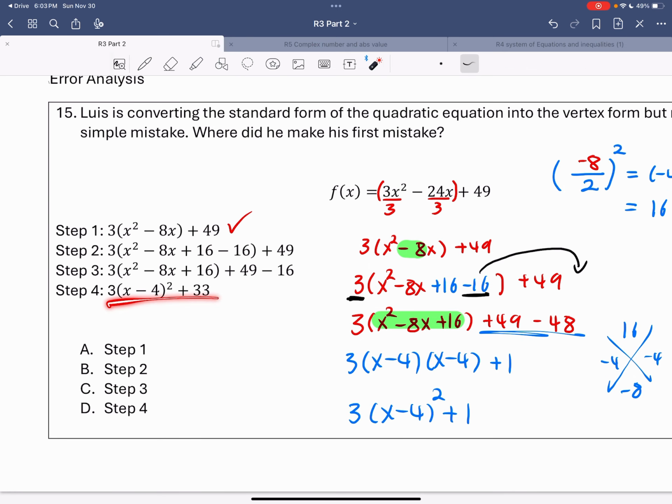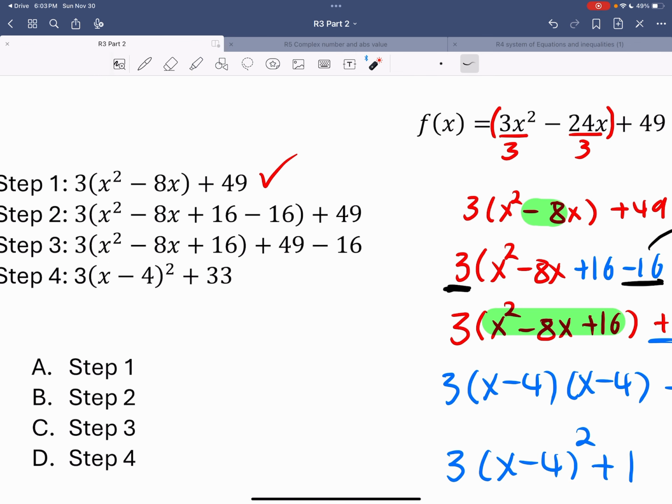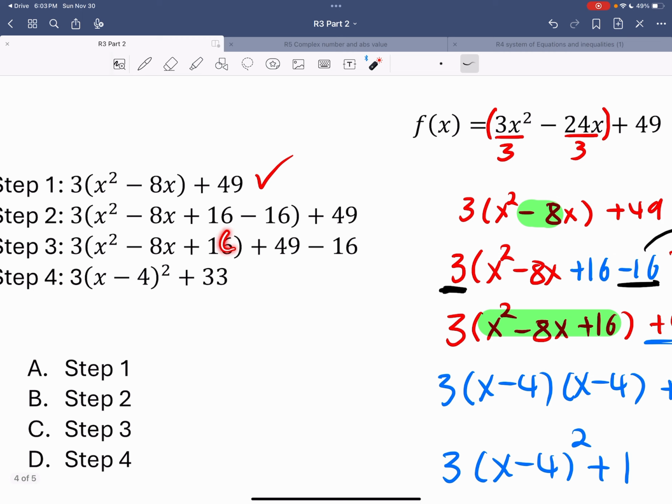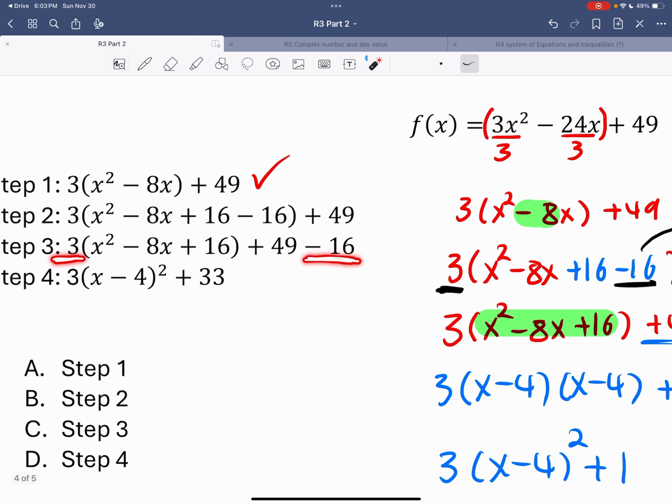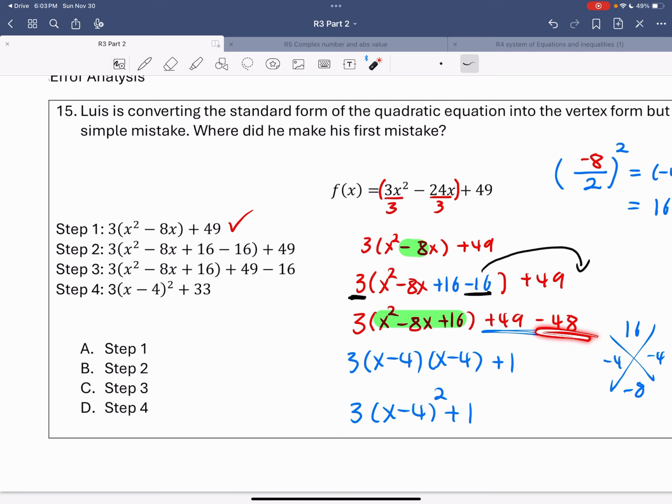Clearly it doesn't make sense, but let's see where he made his first mistake. Did he do well here? Yeah. Did Luis do well here? No. What's his mistake? Do you see negative 16? When you're taking this one out of the parenthesis, you gotta multiply by 3. So that has to be negative 48, like this. So that's the first mistake that Luis made, which is step number 3.